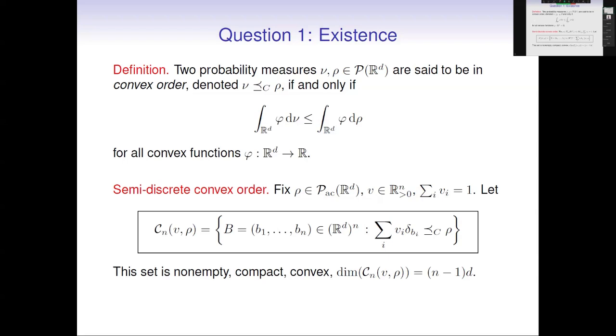It also lives in a lower dimensional set: the ambient space is R^{dn}, but the dimension of this set is n-1. This set turns out to be very, very important for us. So that's the definition. Are there any questions?